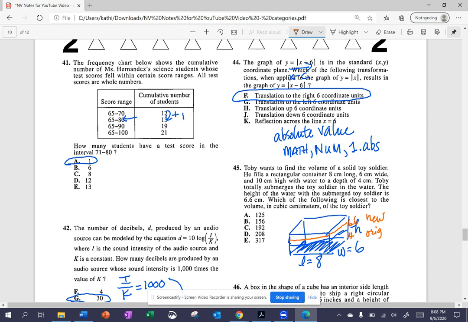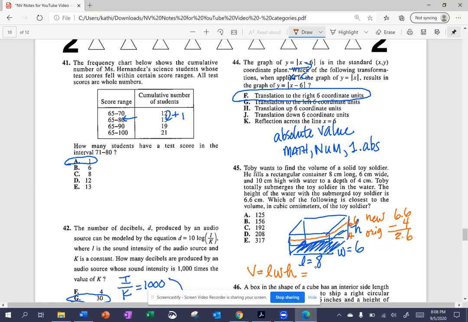So I know that volume is length times width times height. So the new height is going to be the difference here. So this is going to be 6.6 minus 4, which is 2.6. So that is the actual height the water changed.